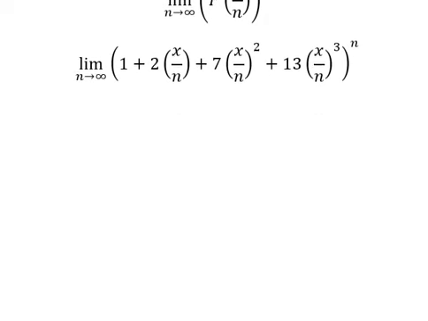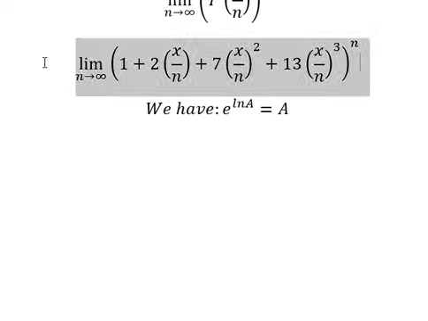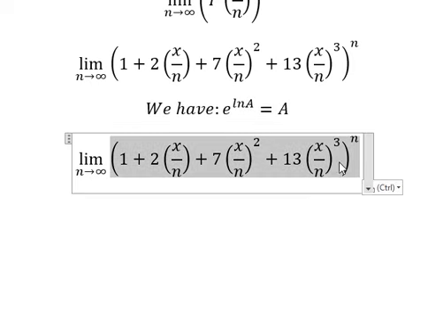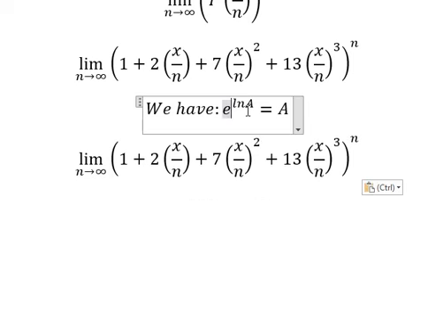The next one, we have the second formula in here. So this one is about capital A, and now we need to transform this one into this one.